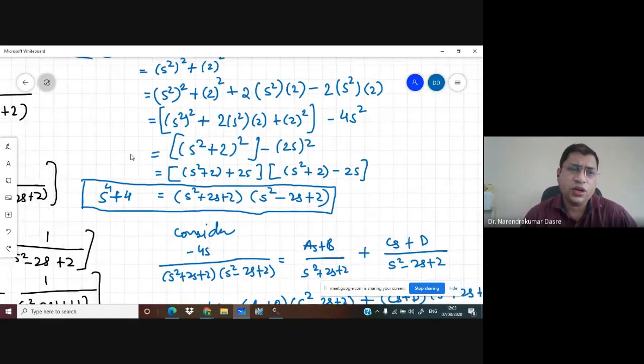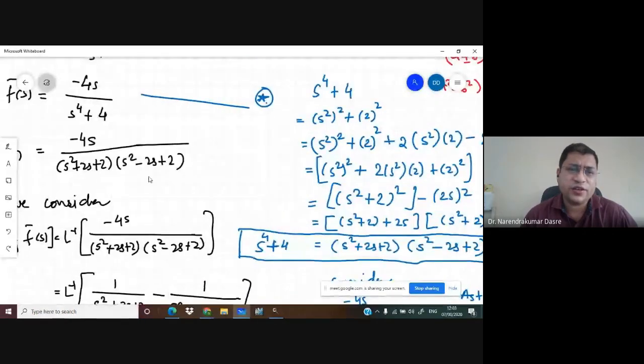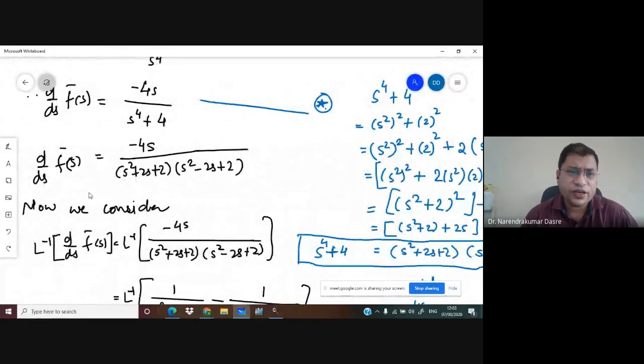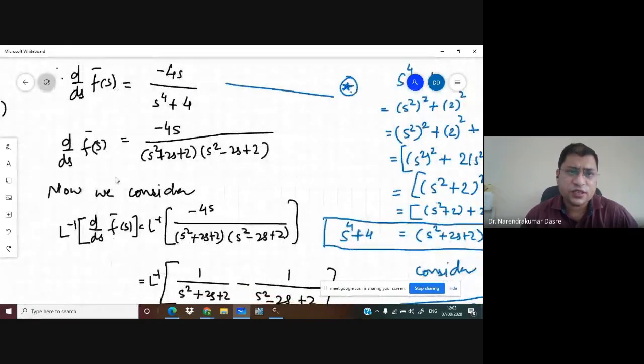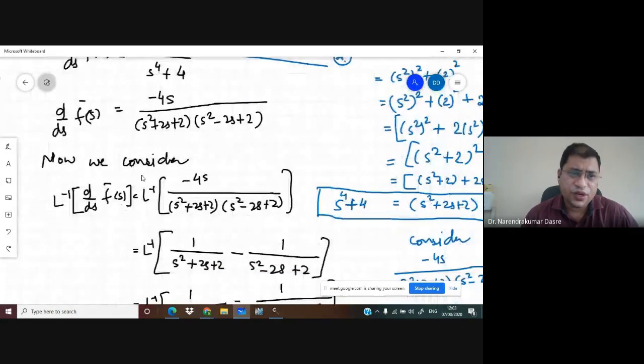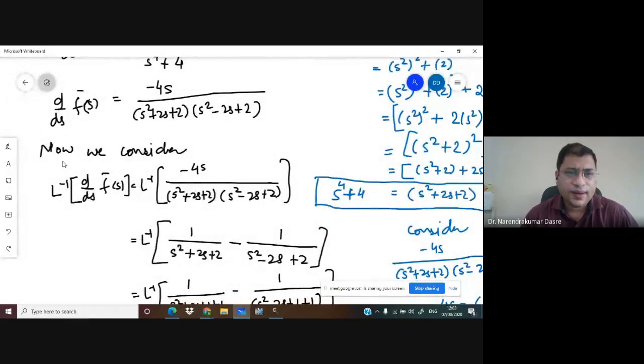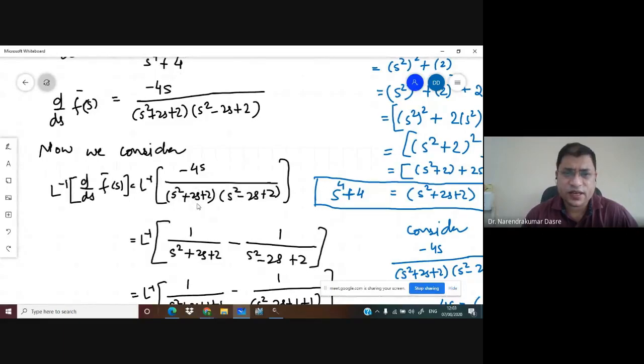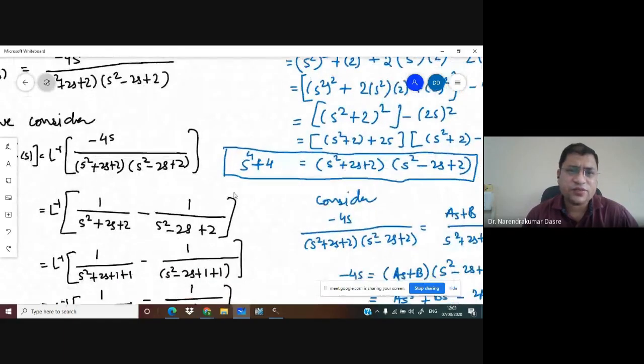Okay, and now we use this factorization here. Now we want to find the inverse Laplace transform of this. So if I want to find the inverse Laplace transform of this, we need to have the partial fraction of this one because we have two quadratic factors.